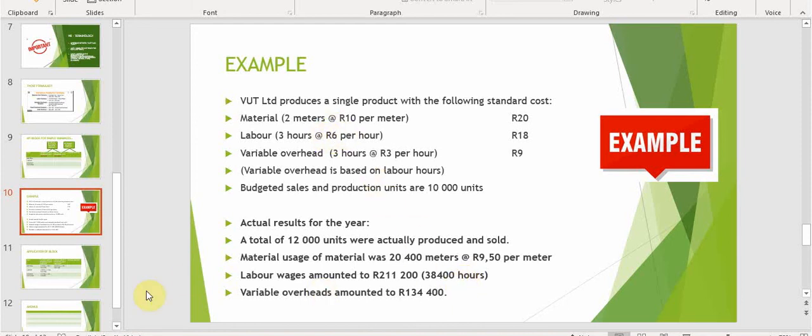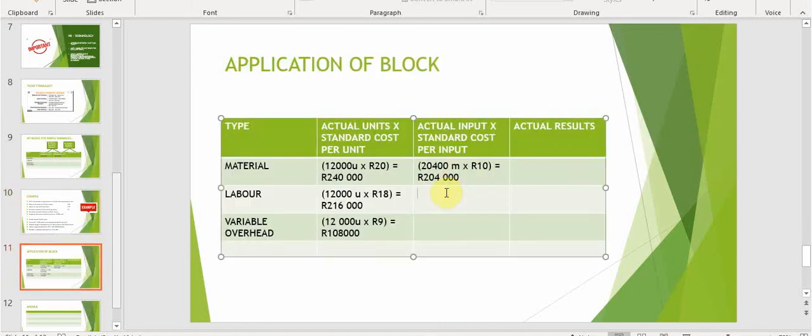So it is going to be 38,400 hours times the 6 Rand, and I get to an answer of 230,400 Rand.